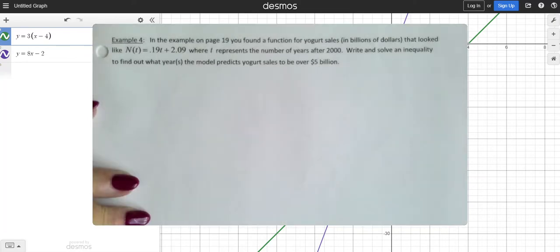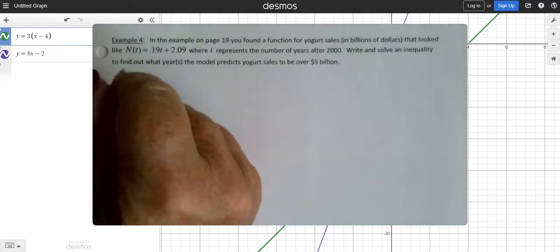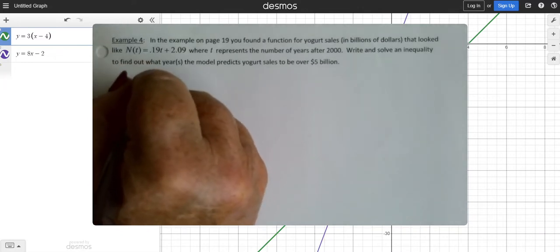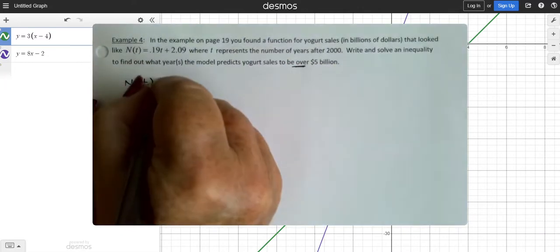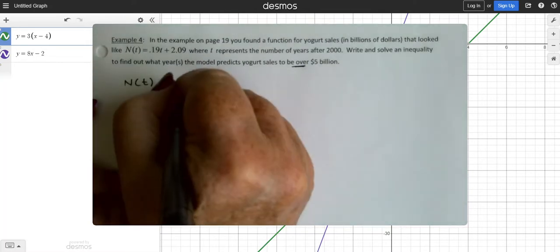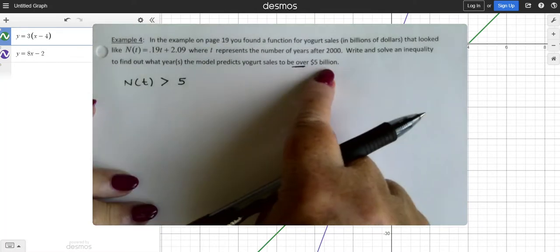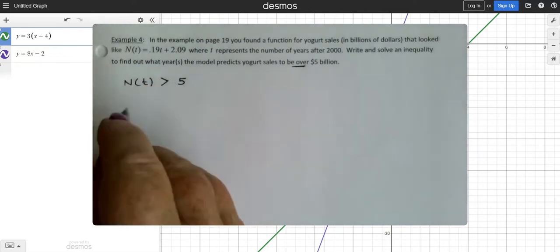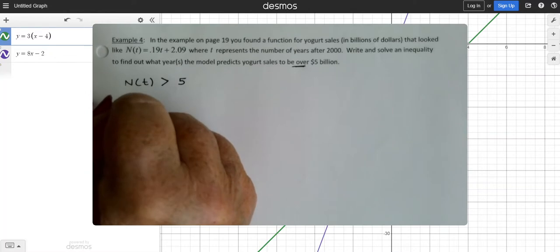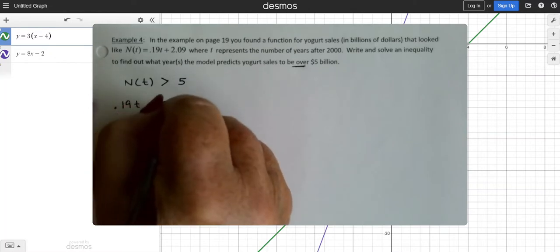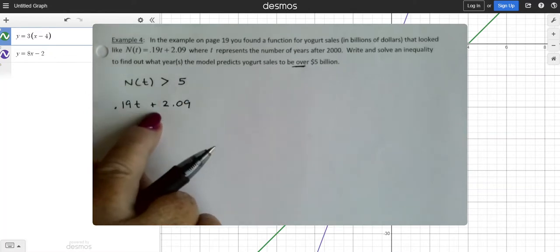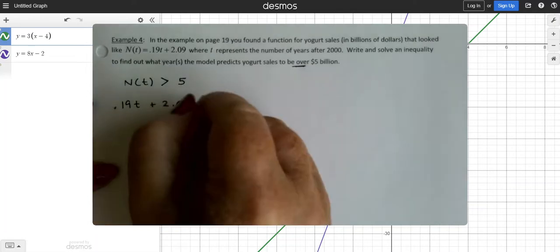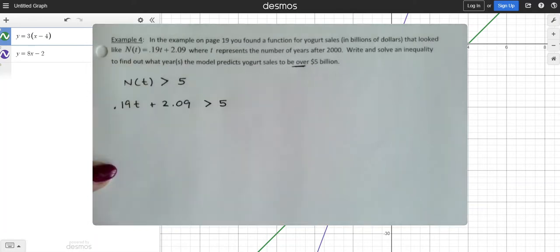So we want our yogurt sales, n of t, to be greater than $5 billion, but the model was in billions, so I can just say 5. Or in other words, 0.19t plus 2.09, which is simply the function for n of t, has to be greater than 5.